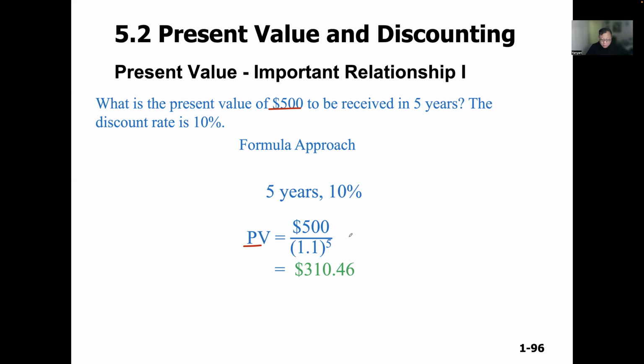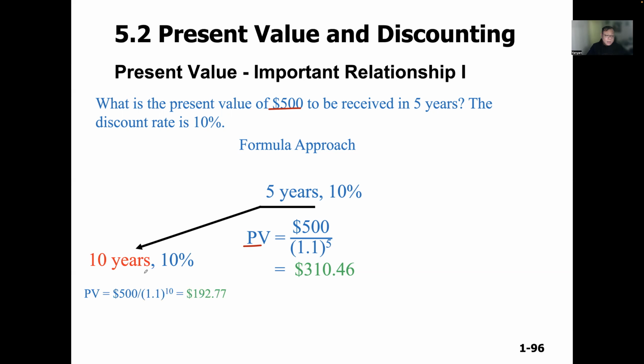Now, how is this present value a function of the discount rate and also the time length? Let's stretch it from 5 years to 10 years. We keep the discount rate at 10%, but we double the time period from 5 years to 10 years. Now my calculation shows that the present value is even smaller, only $192.77. What does this mean?